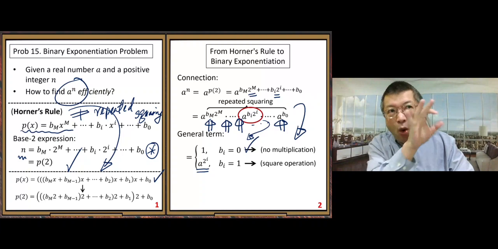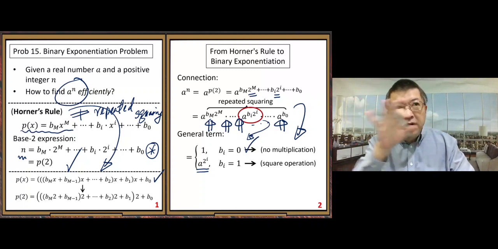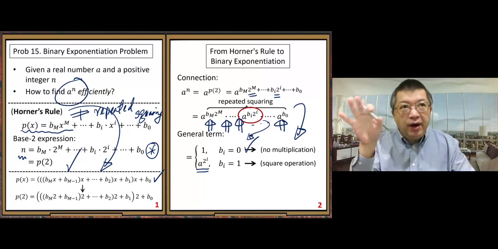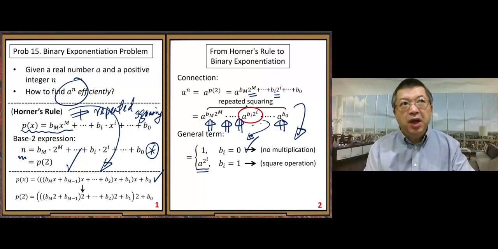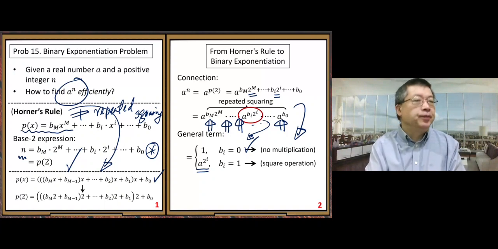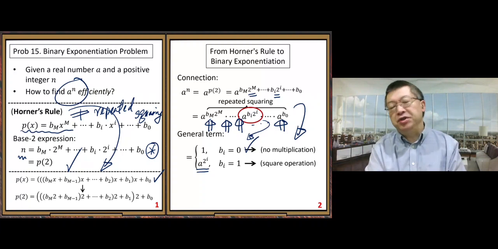Although you can store certain repeated squares in temporary locations, overall you waste a lot of multiplications.